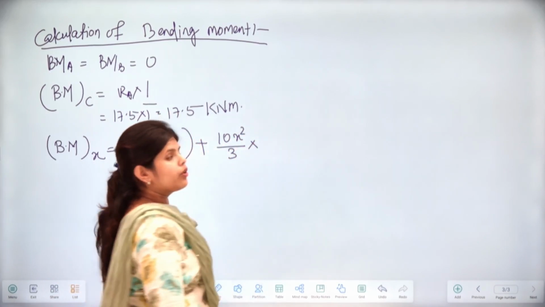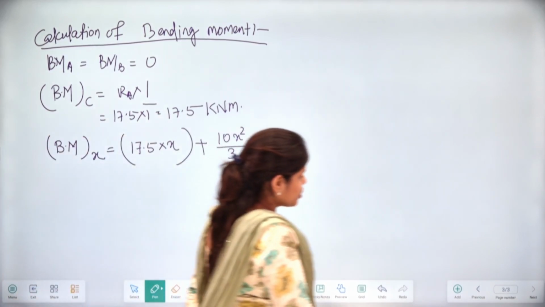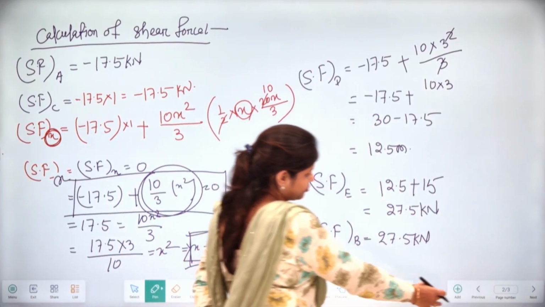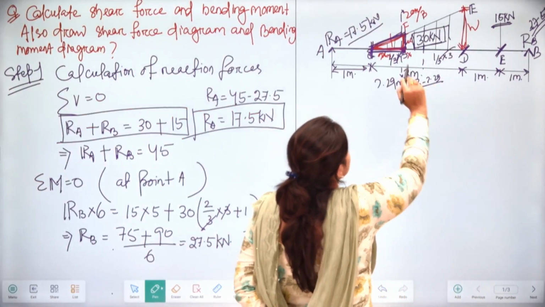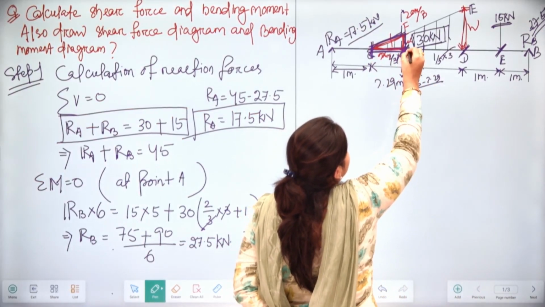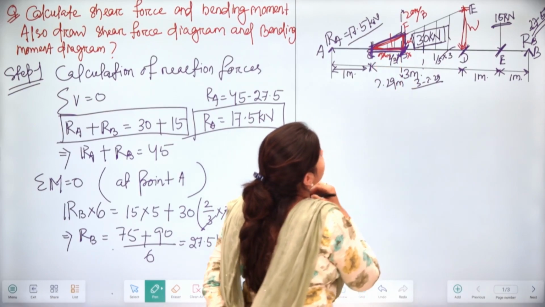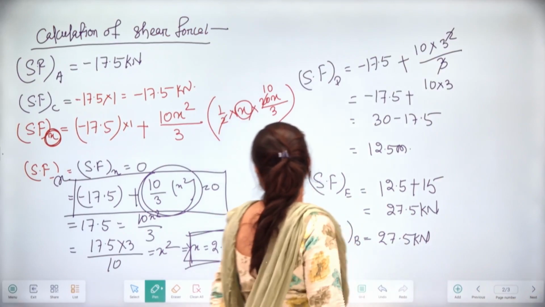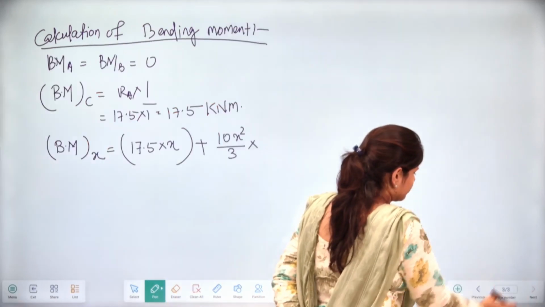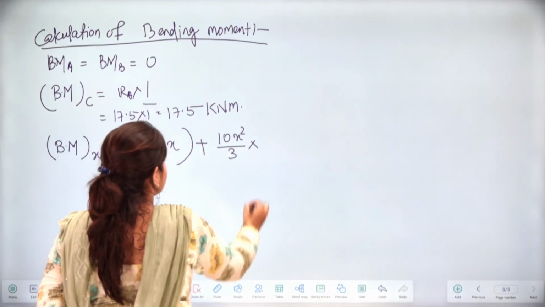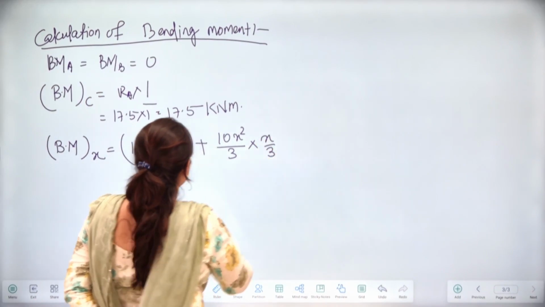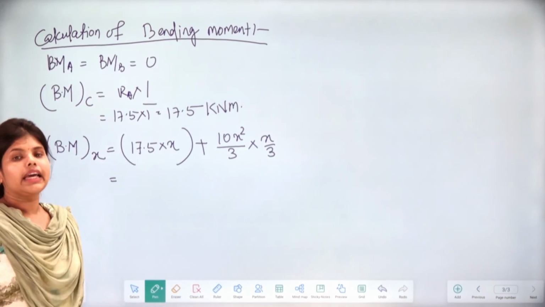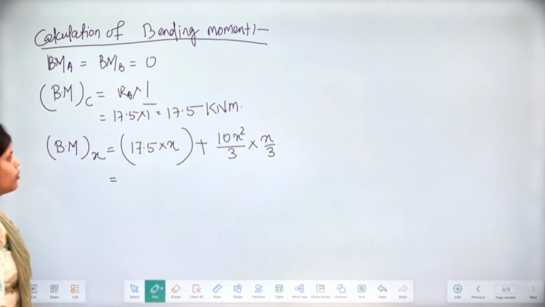That will be multiplied with what? With the distance. As we are finding it at this point, it will be multiplied with x by 3 distance. Right? So now we can put the values of x and find the maximum bending moment.